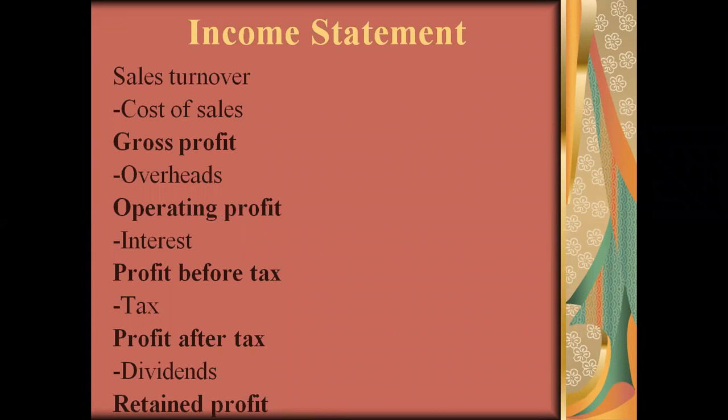Think about salary, depreciation, rent of the building. These are all operating expenses because they are required to run the business; if they are not there, business activity cannot be run. So whatever amount is required to operate the business activity, we call it operating expenses.